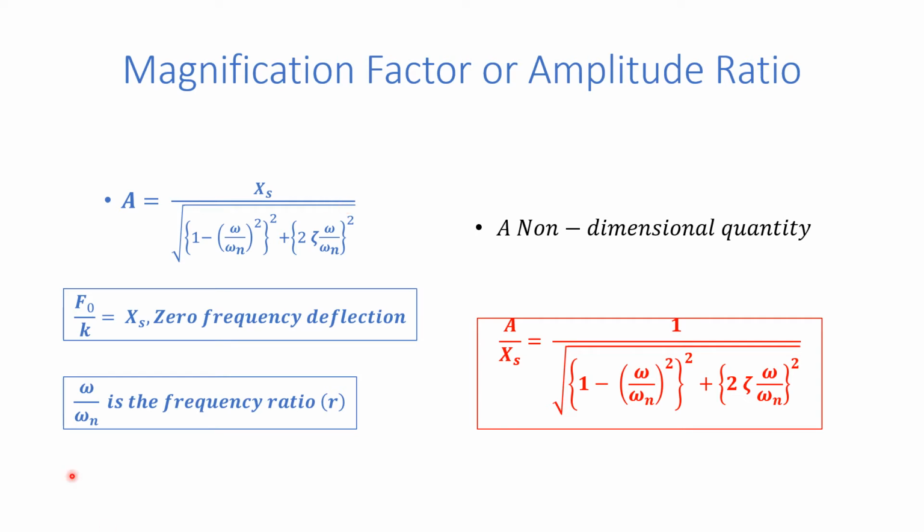From this relation, simply rearranging, A by XS becomes 1 by under root of 1 minus omega by omega n square its whole square plus 2 zeta omega by omega n its whole square, where omega by omega n is the frequency ratio, XS is F naught by K, zero frequency deflection, and A is the amplitude.